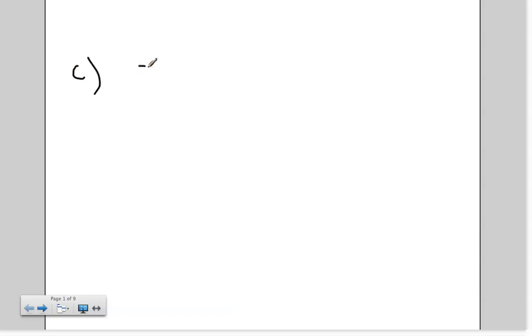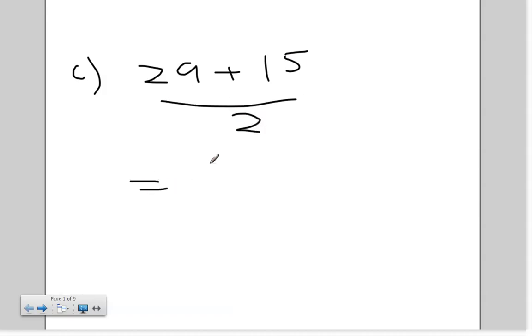So we take 29, add 15, and divide all this by 2. So we're going to get 44 over 2, and then we're going to get 22. So d is 22. For this cos function, the vertical translation is 22.